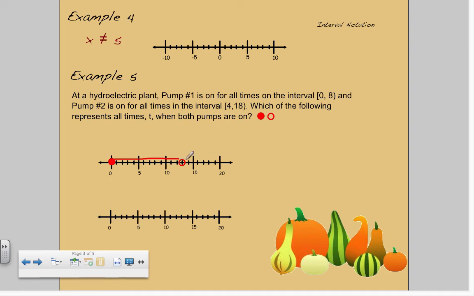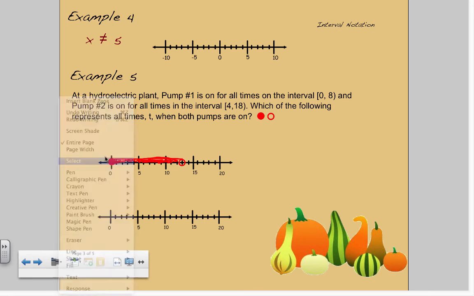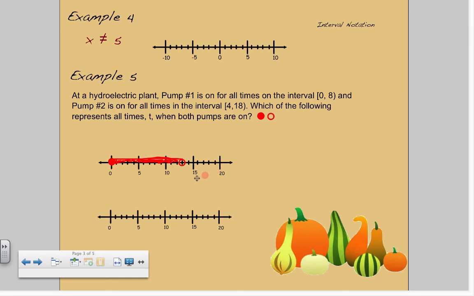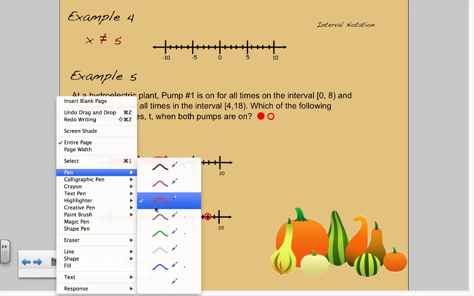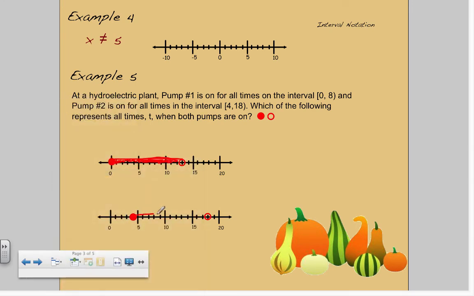Since it's on all in between this interval, this all gets shaded in. All right, next one. Four gets an inclusive dot. 18 gets an exclusive dot. And once again, I get to shade in between because it's on that interval.